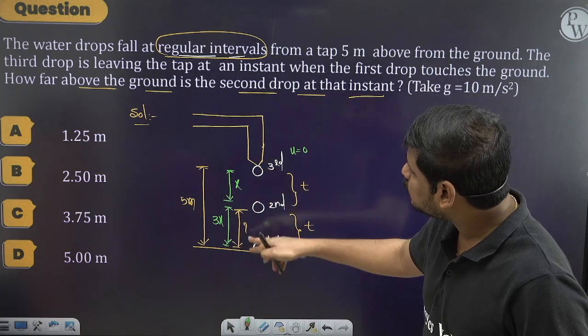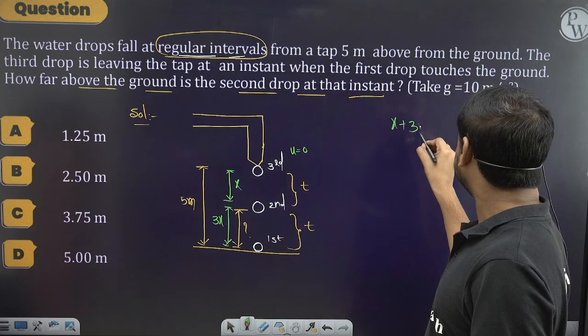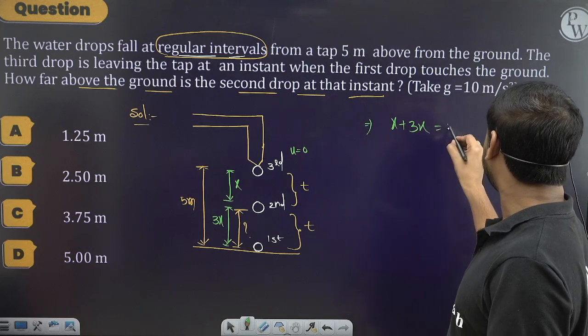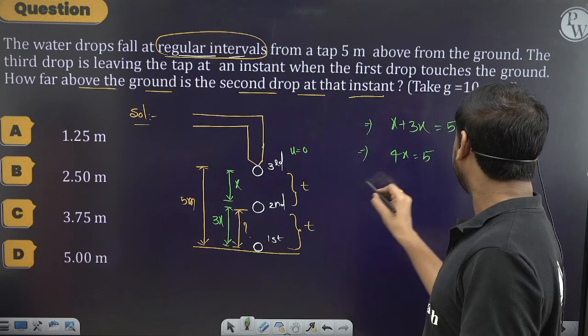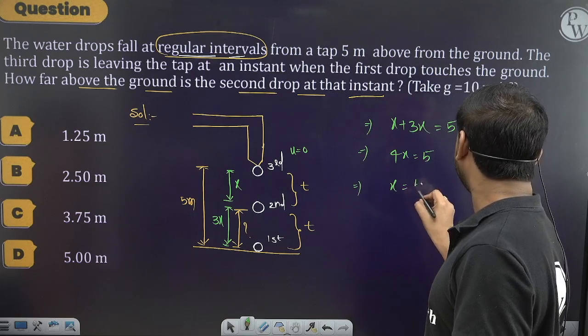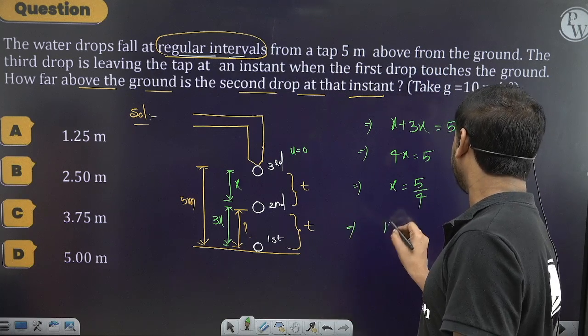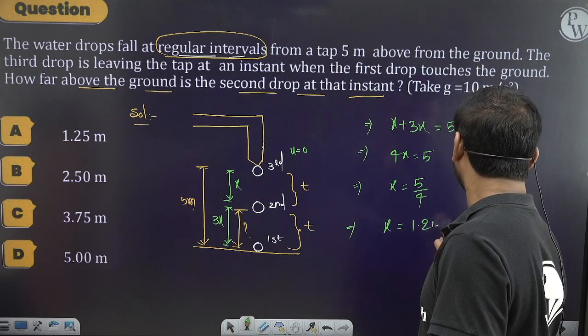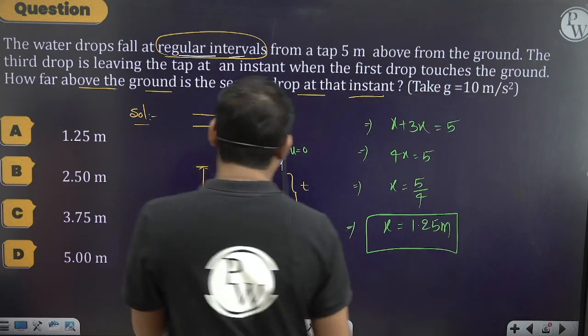So we know the total distance which is 5 meters. So x plus 3x equals 5 meters. From here 4x equals 5 meters, and then x equals 5 by 4, so x equals 1.25 meters. So what is this x?